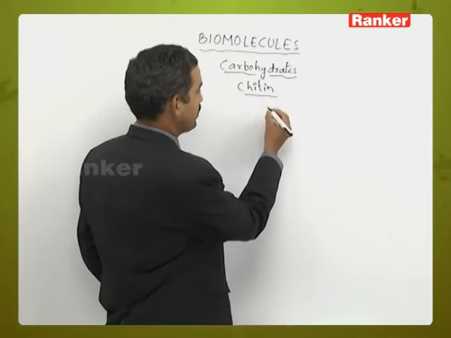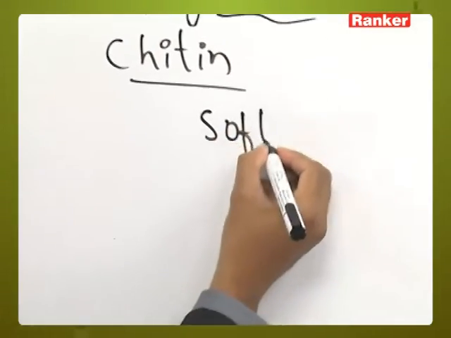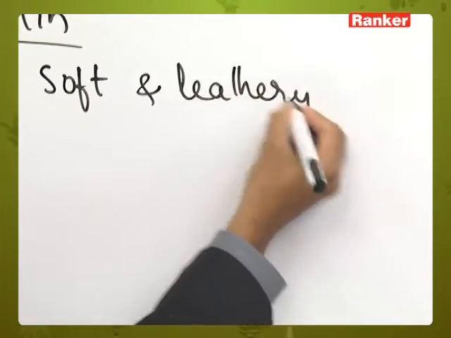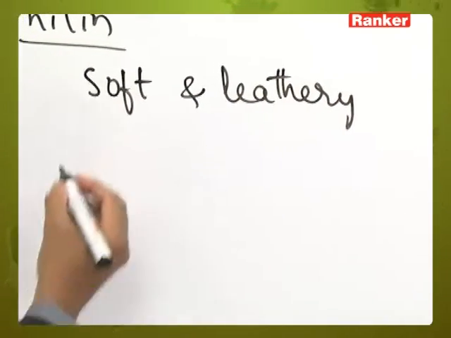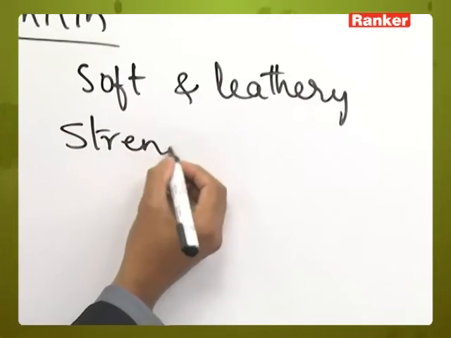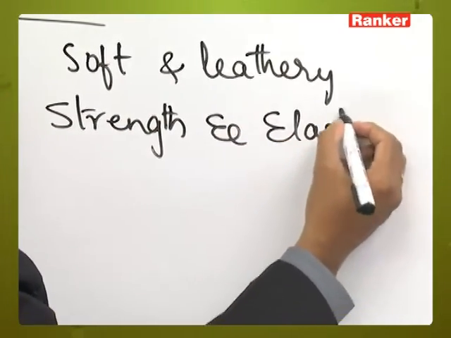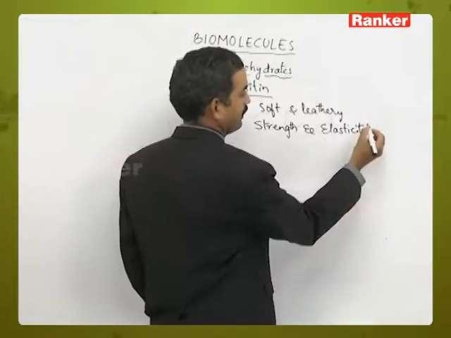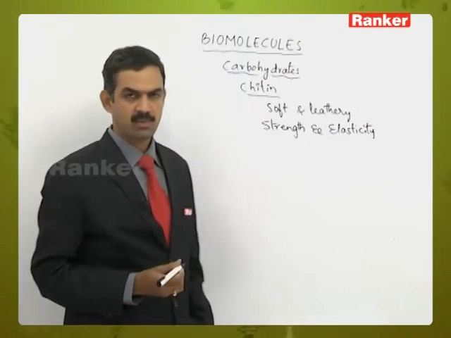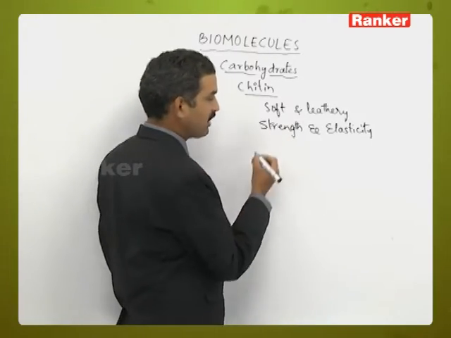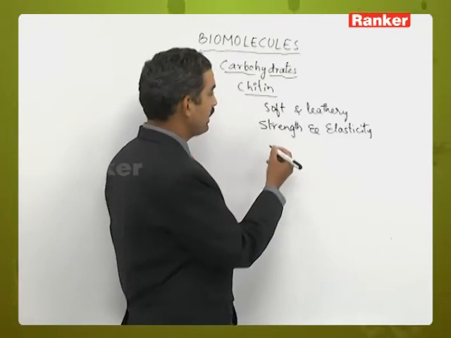So chitin is generally soft and leathery. Because of this, it provides strength and elasticity to the cell wall which is present in the plant or fungal organization, and also in animals wherever it is present.